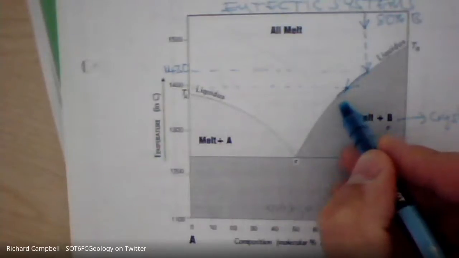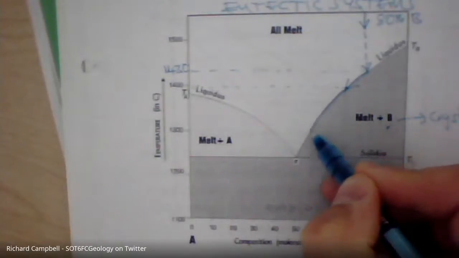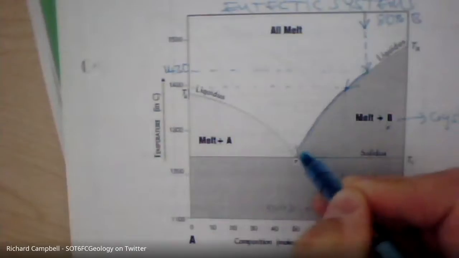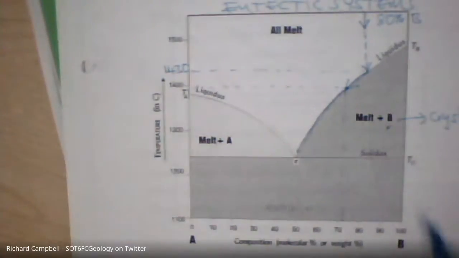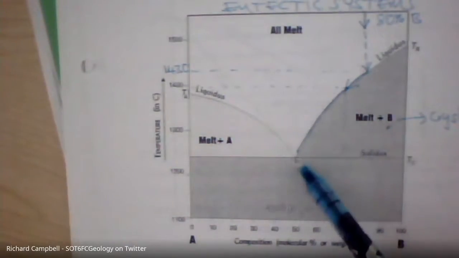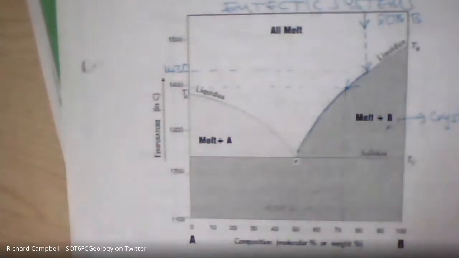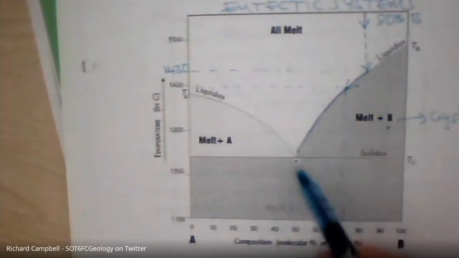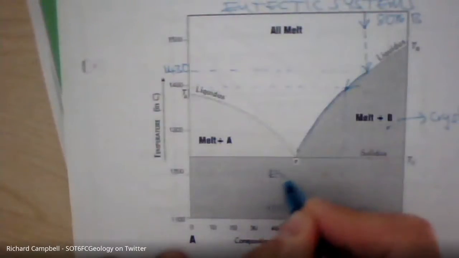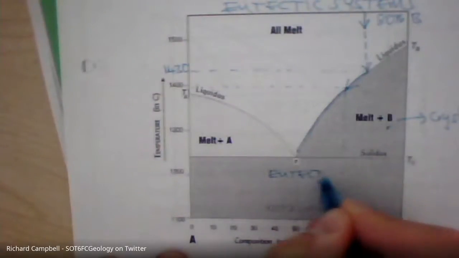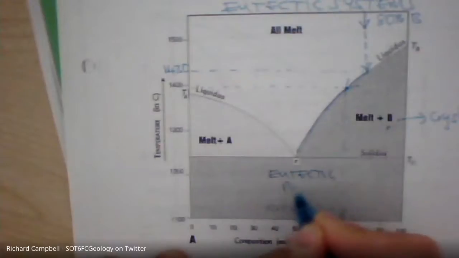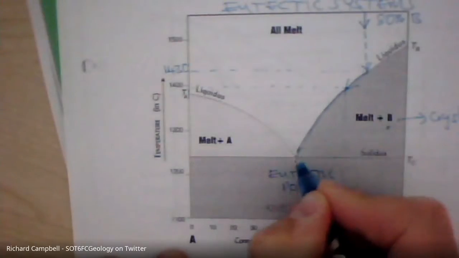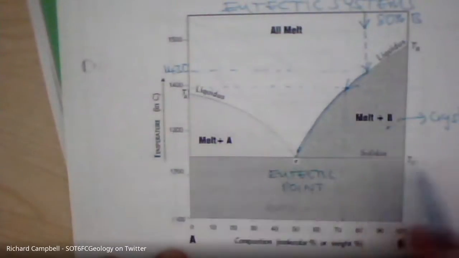So as it cools down further, the temperature drops. We'll move down towards this point here, where everything crystallizes. That is called the eutectic point, and that's the point at which everything crystallizes.